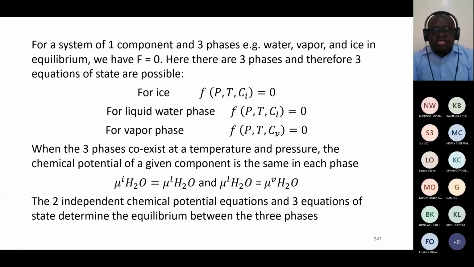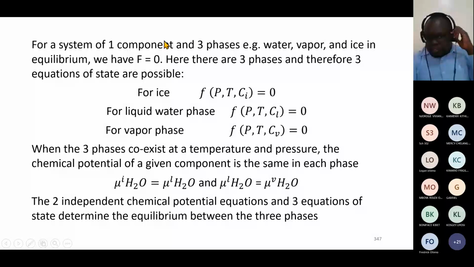You can consider another system, excuse me, a system that has 1 component and 3 phases. Okay, so that is, for example, a system that consists of water, vapor, and ice in equilibrium.